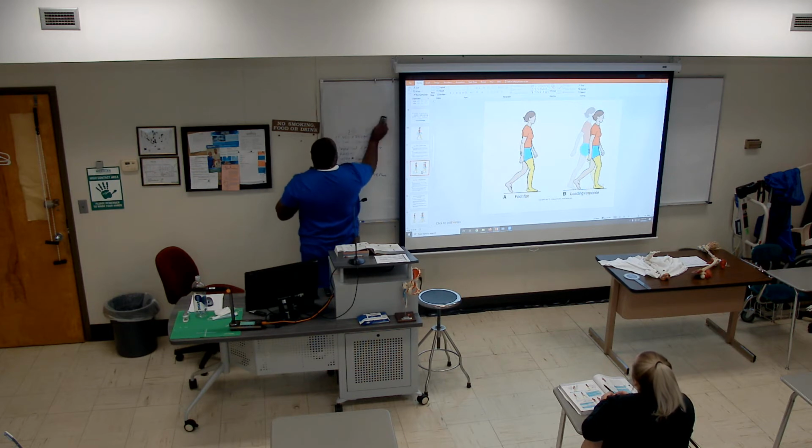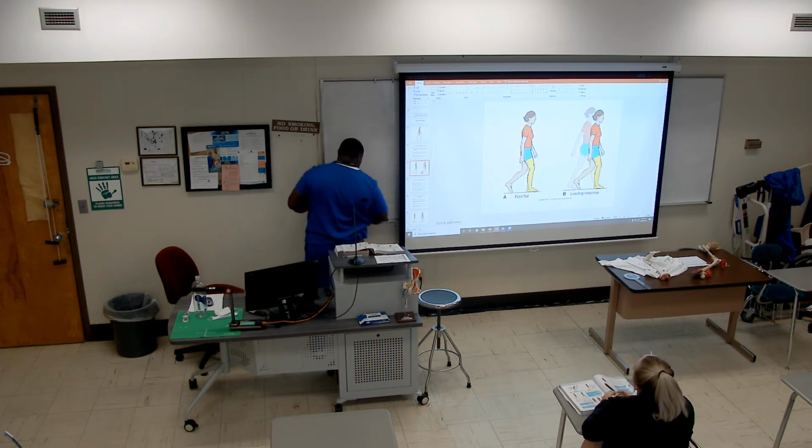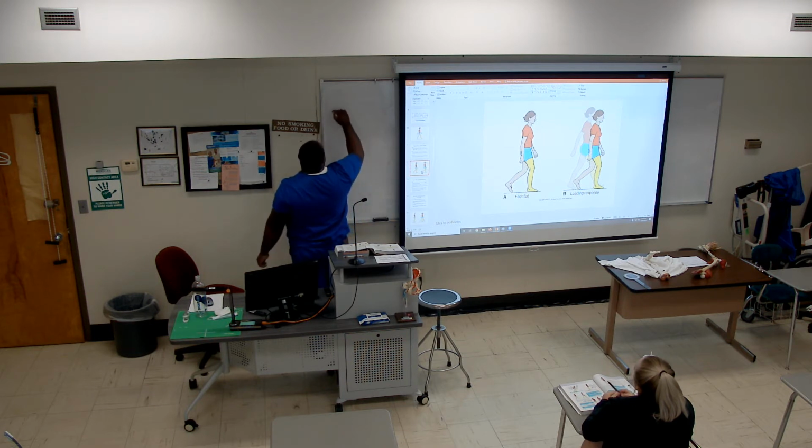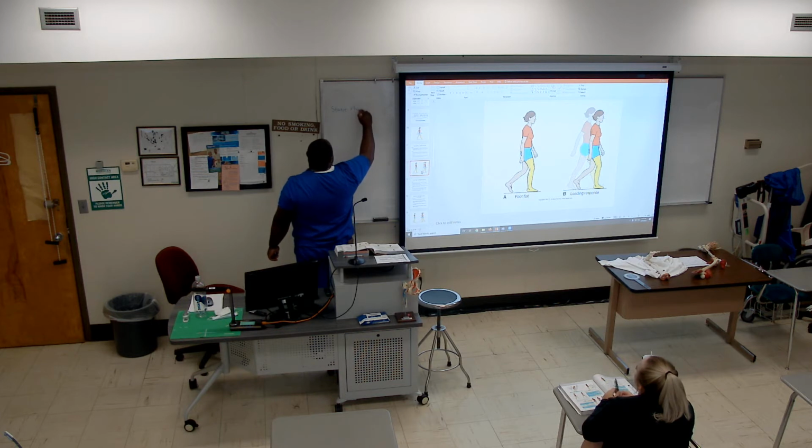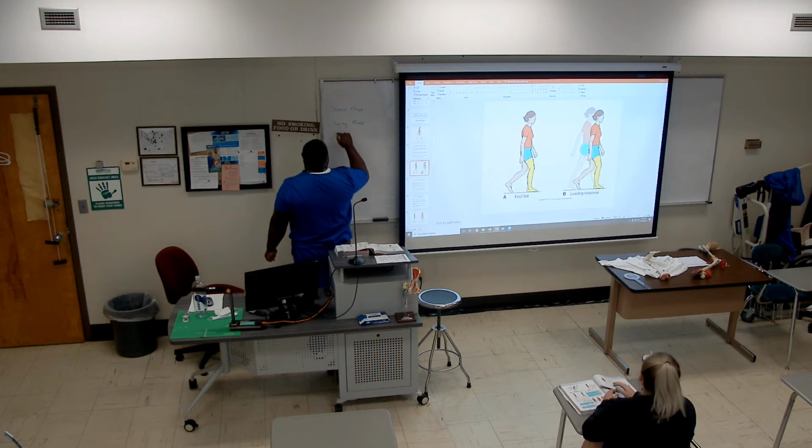So the ankle can have problems in stance phase, we can have swing phase problems, or we can have a case where we almost have a contracture or deficit of movement.